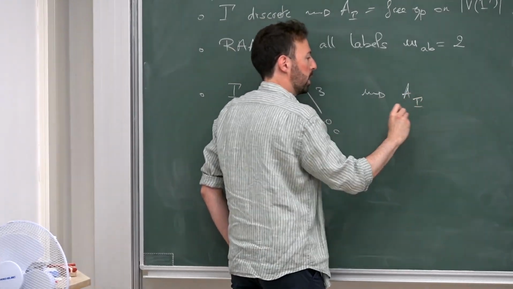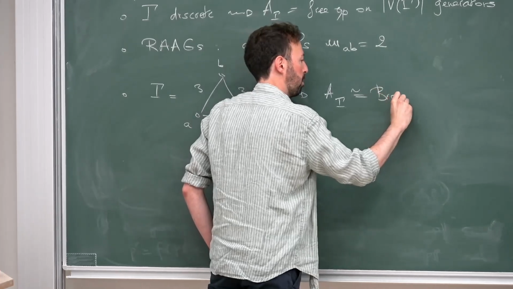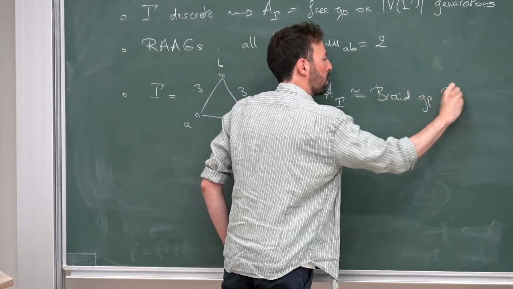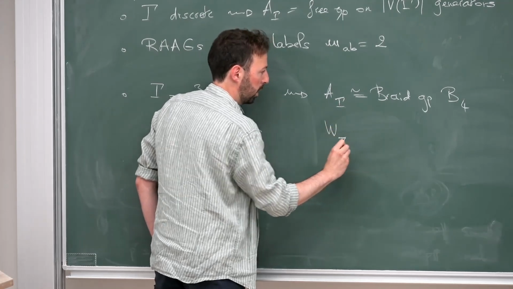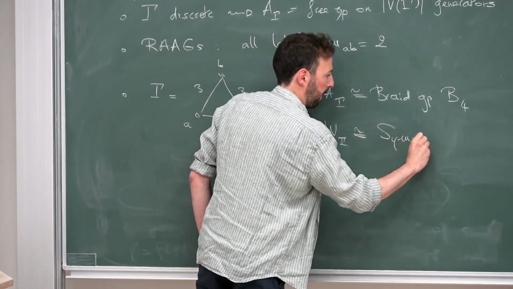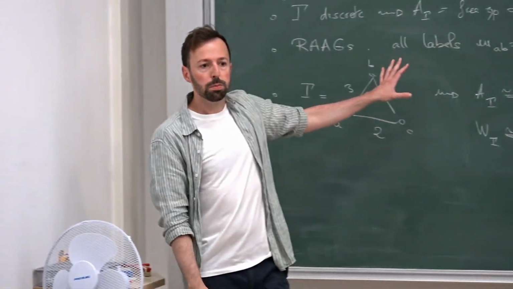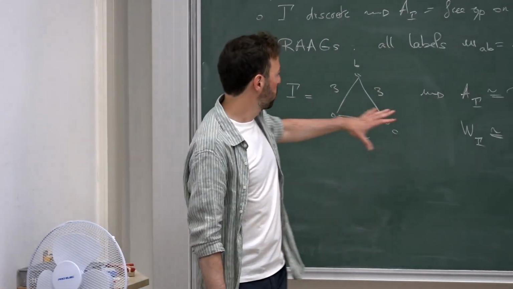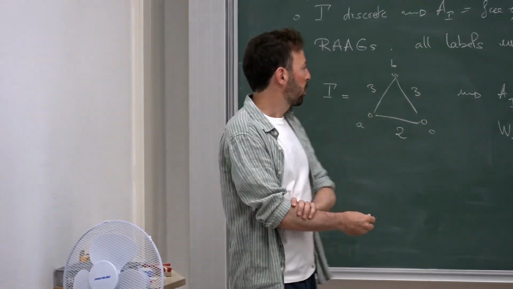A_gamma in that case is isomorphic to the braid group B_4 on 4 strands, and the corresponding Coxeter group is the symmetric group S_4. And more generally, every braid group can be represented as some Artin group for a slightly more complicated graph.